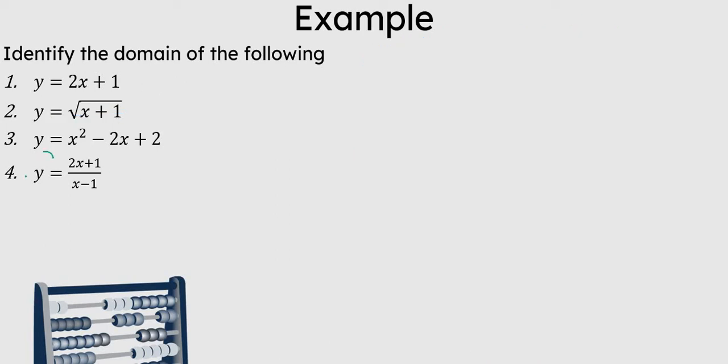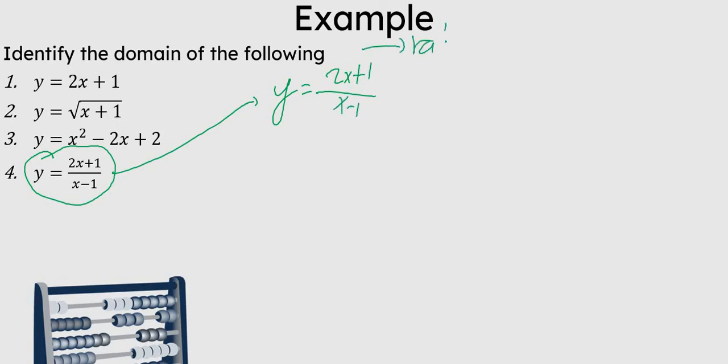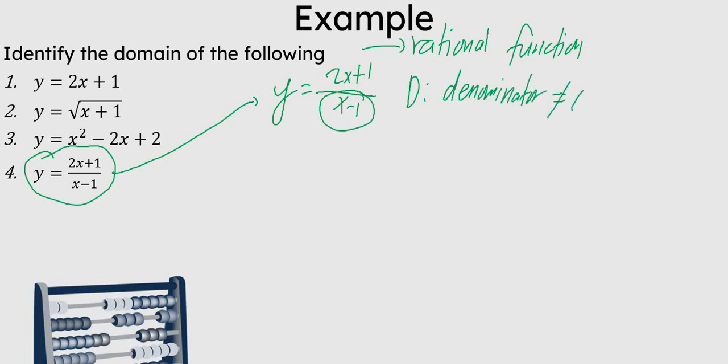And for functions that are fractions like this, we call them rational functions. And for their domain, we have to make sure that their denominator is not equal to 0.